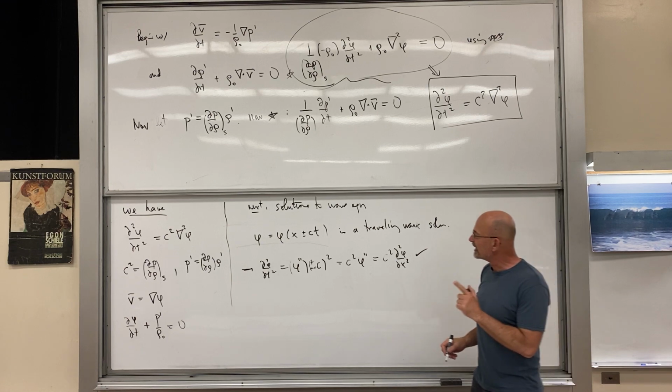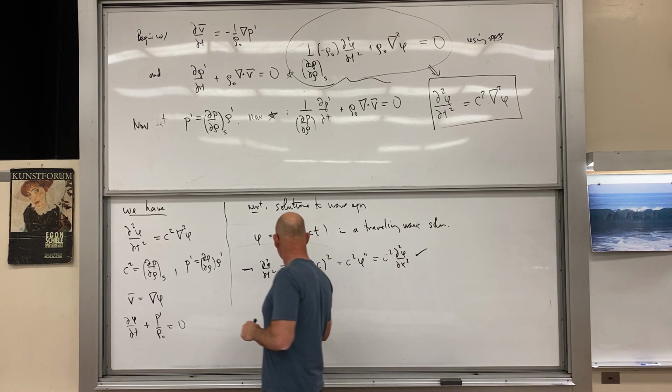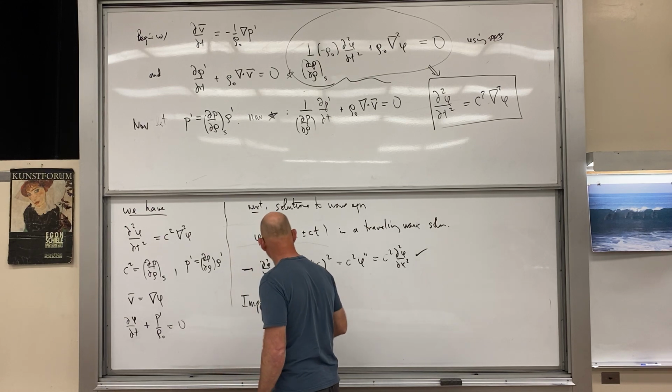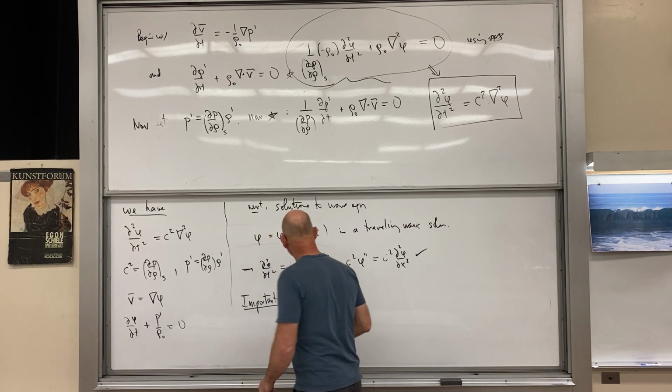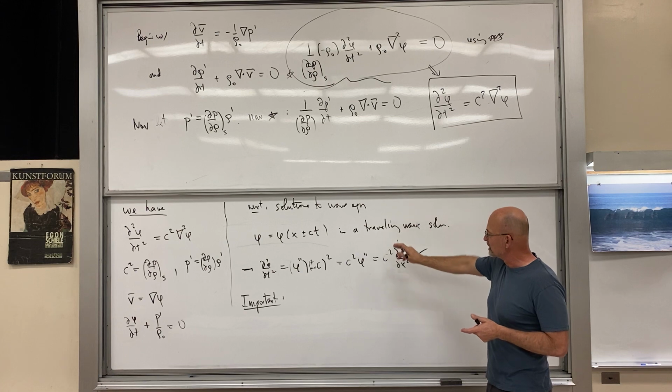And there's something else now that we can get out of this. It's pretty important, so I'll even write here important. This wave is propagating in the positive or negative x direction, right?